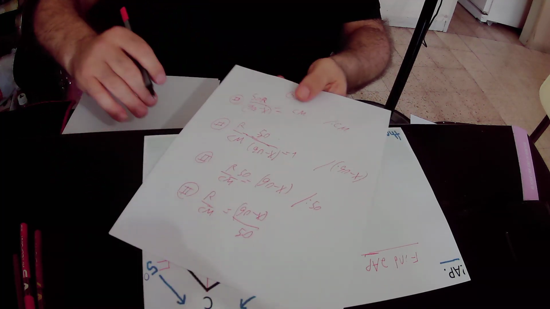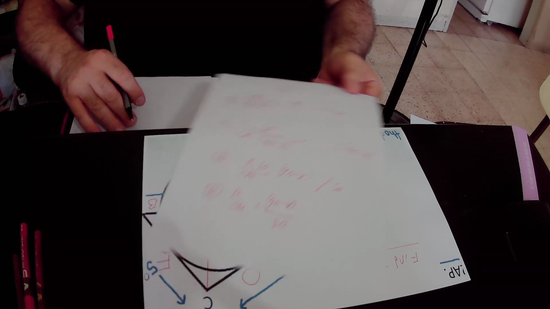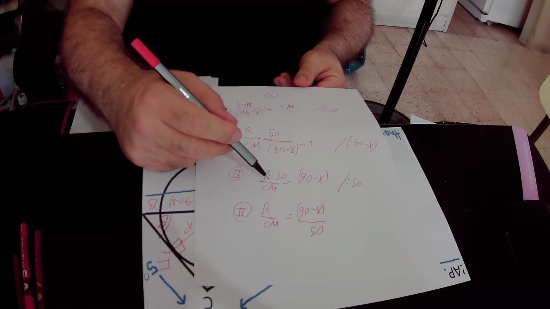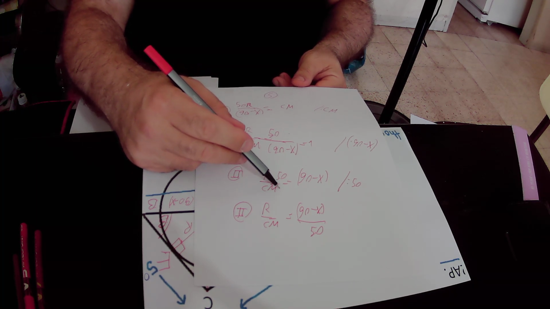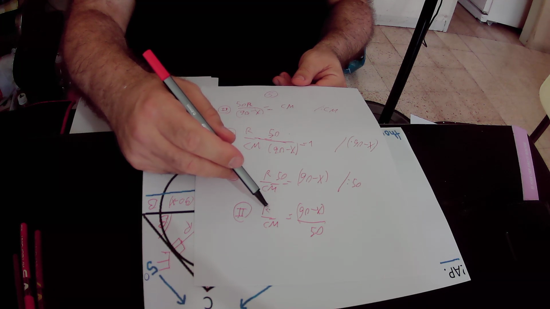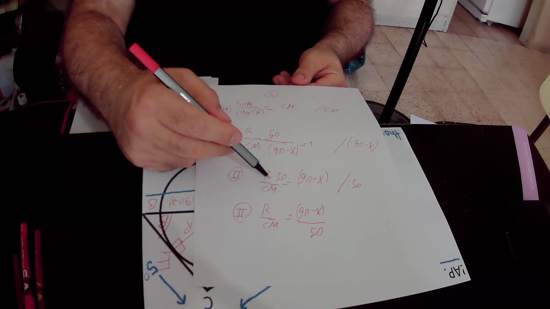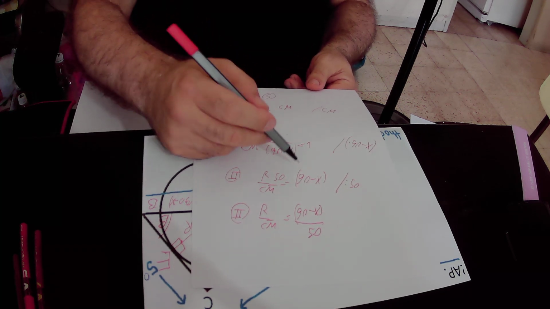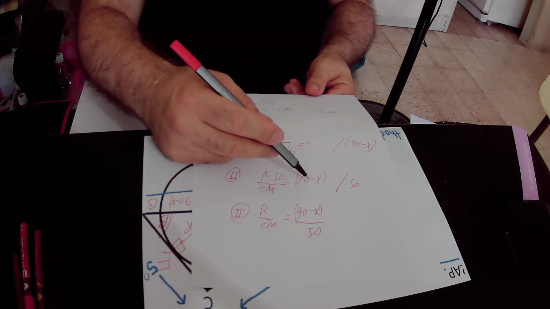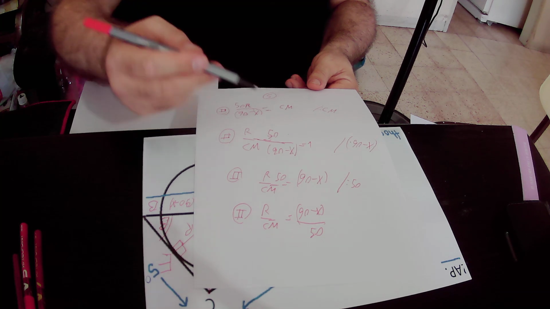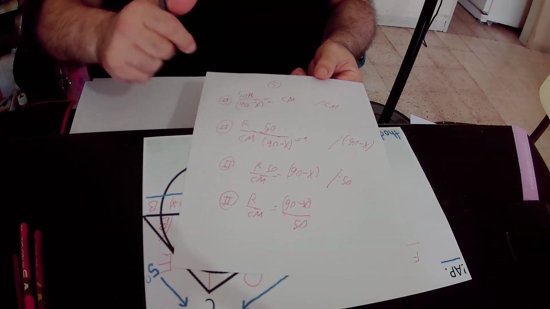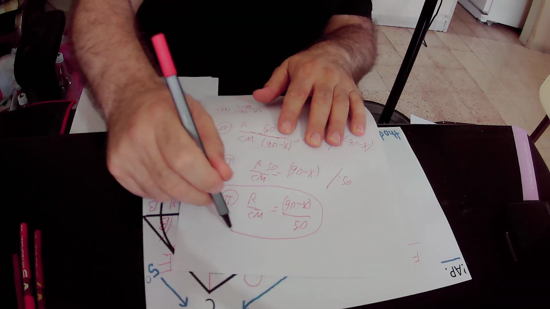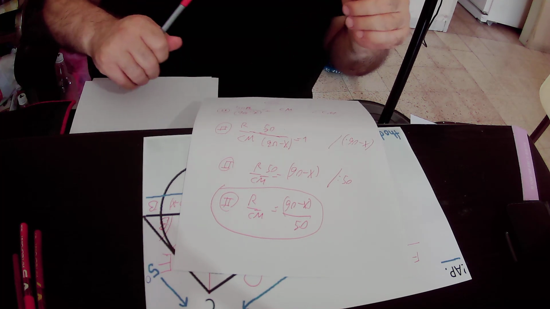So we got R over Cm, because 50 divided by 50 equals 1, so 50 is cancelled from this expression, we are left only with R over Cm, and 90 minus 6 divided by 50 equals 90 minus 6 over 50. So we have here the second equation, R over Cm.